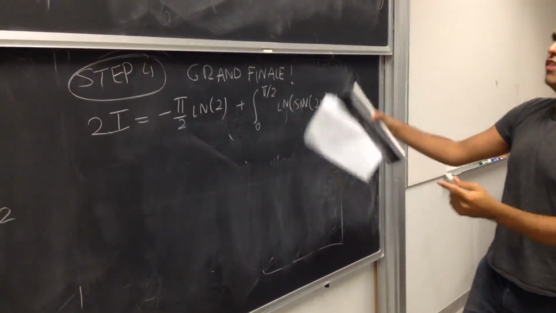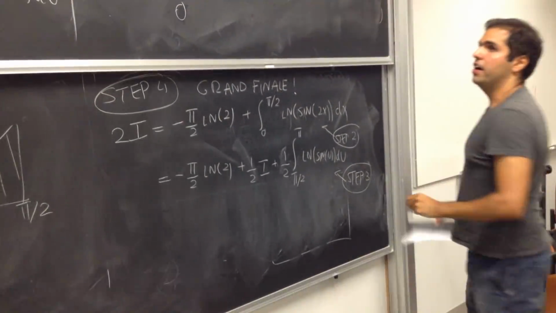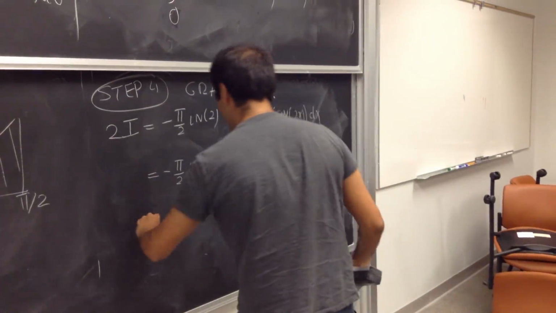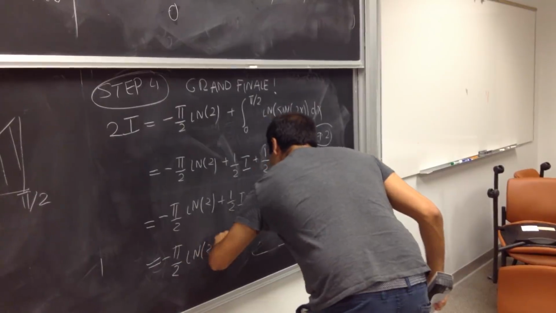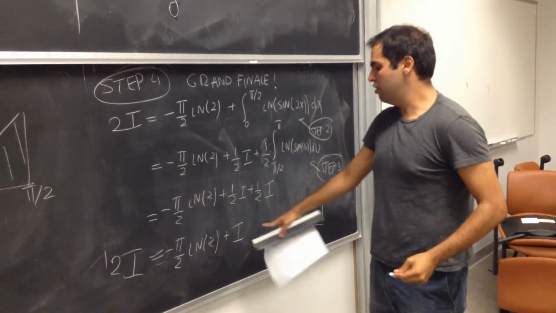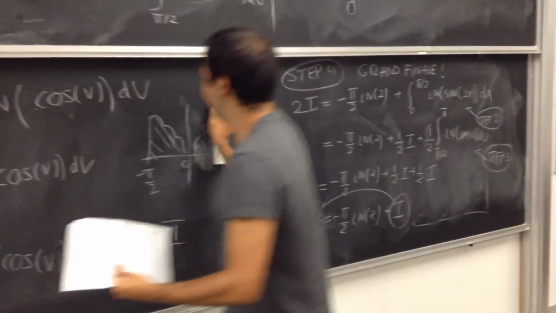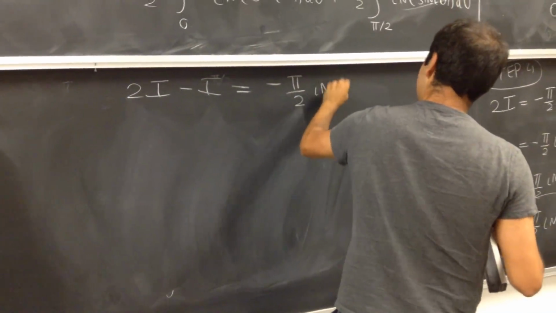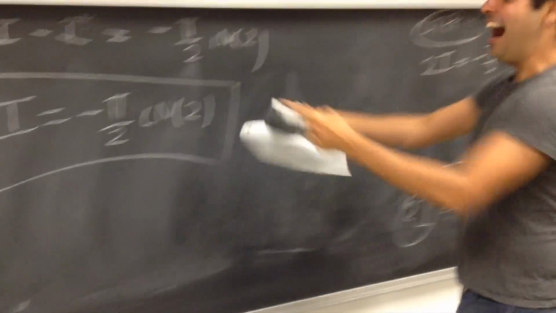And then we did the change of variables and found that this integral becomes 1/2 I plus 1/2 I, which is I. So 2I is minus pi over 2 ln of 2 plus I. Well, put this I here, an I for an I, and 2I minus I is I, which is minus pi over 2 ln of 2. And I am done.